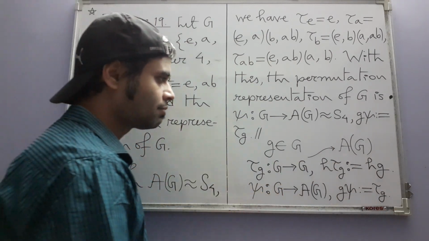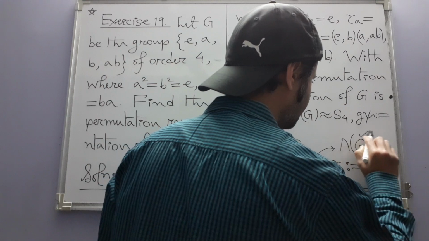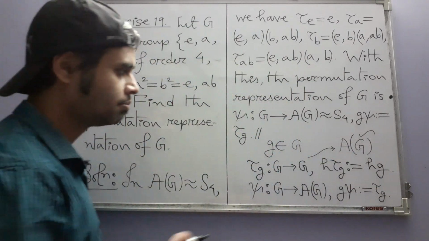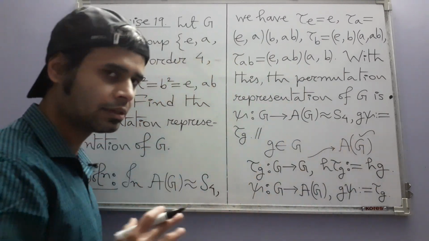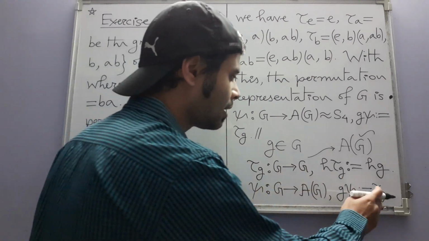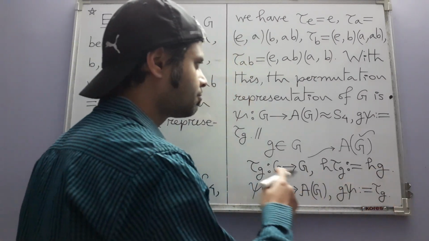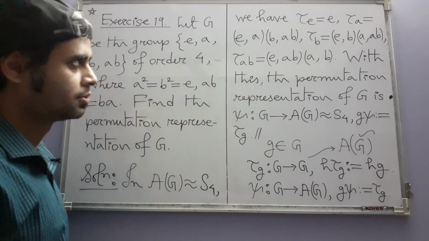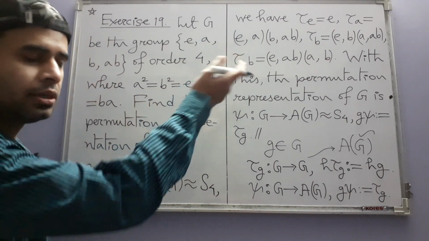And because of the choice of the set that we have made in proving Cayley's theorem, that is taking G itself, we end up having permutations of the group elements themselves, and that's what we see here.